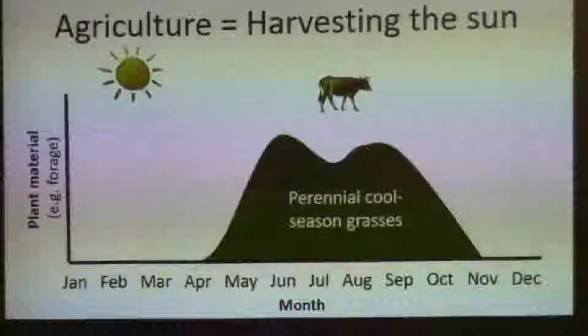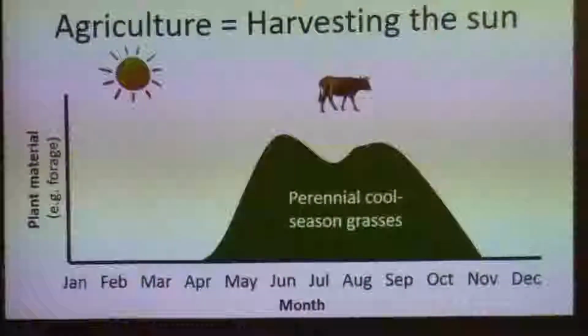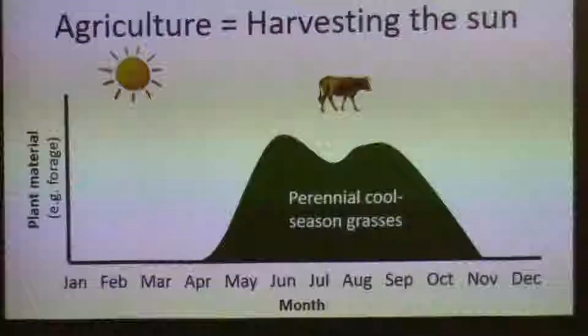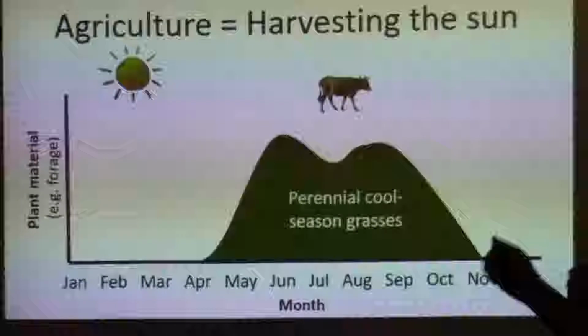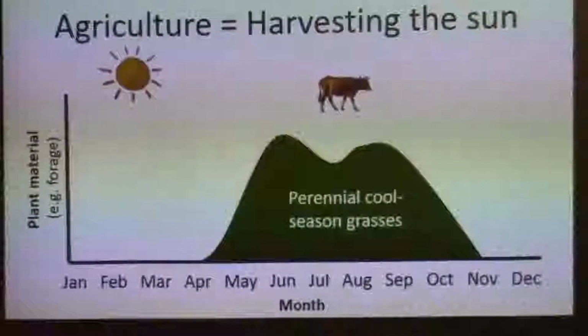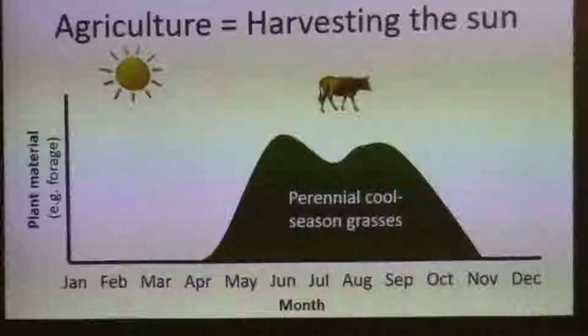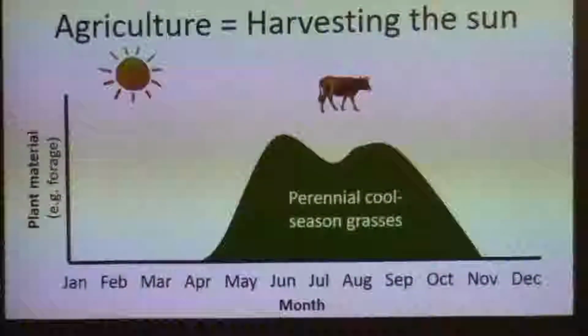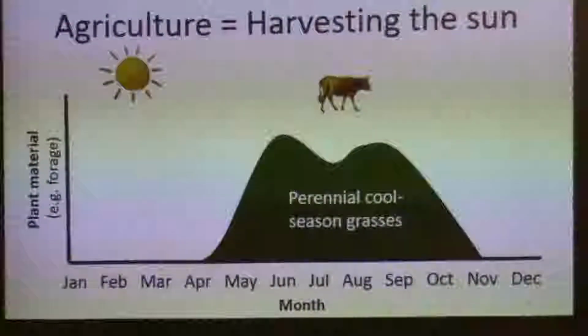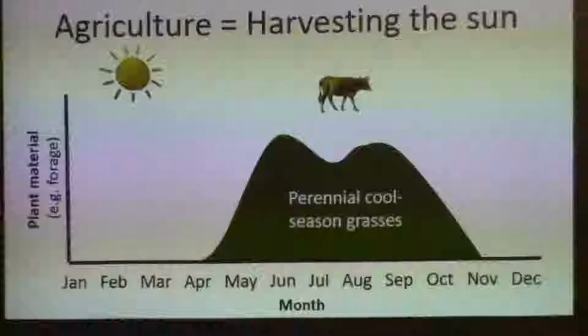We can harvest the sun's energy in greenhouses and other structures where we can control the climate. But if we're talking about forages and we're talking about livestock production, we're talking about dairy production in particular, this is the period of time when we can effectively harvest the sun.